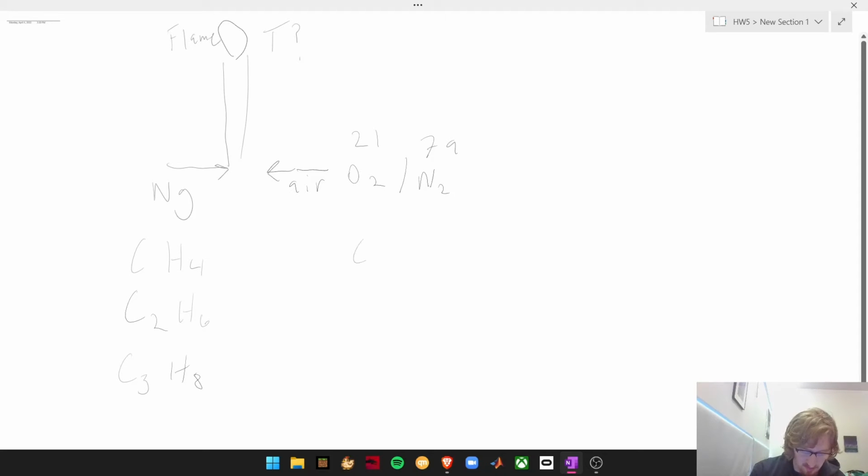So we're going to have CH4, and that'll have some coefficient that we'll get to, plus O2 combusts, and it forms CO2 plus H2O. Running out of space here.